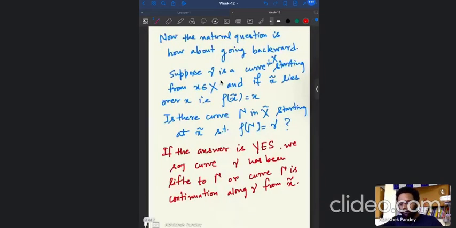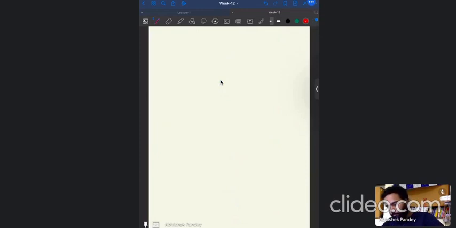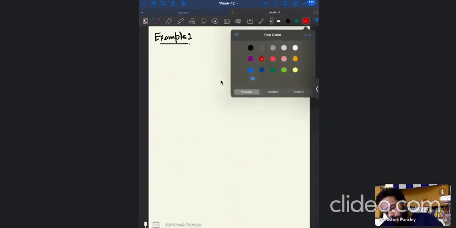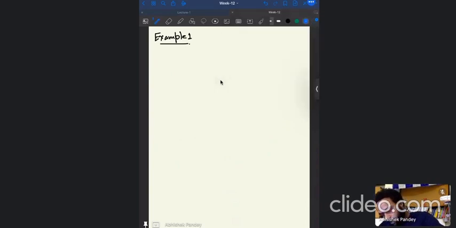Okay, so let us look at this example. Example 1. So let your X be the set of z belonging to C such that mod z is equal to 1, and X tilde be the curve gamma.